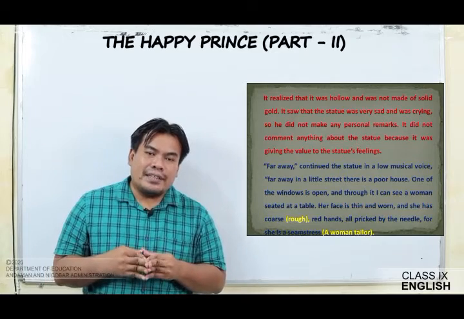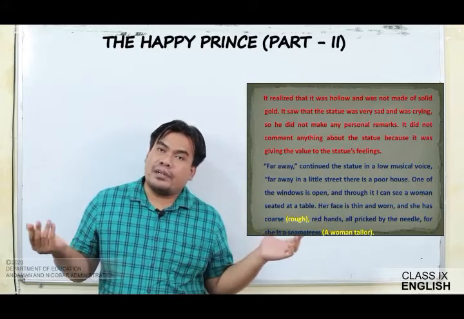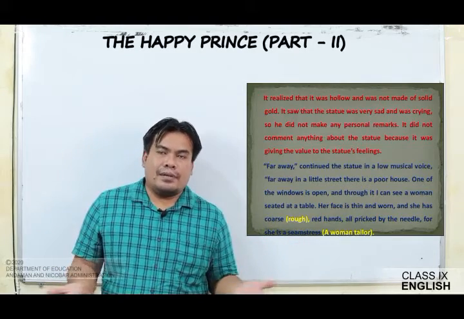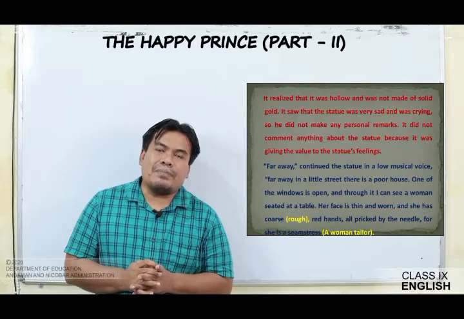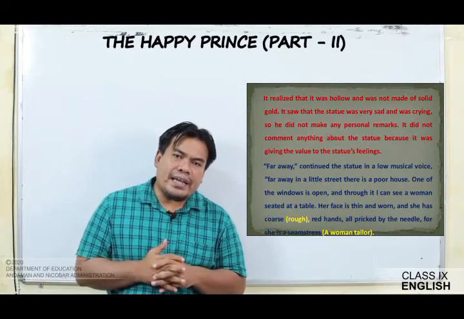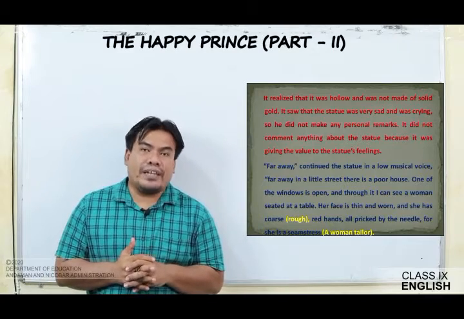It saw that the statue was very sad and was crying, so he did not make any personal remarks. Yes, indeed it was a bird, so it didn't have that much understanding. It did not comment anything about the statue because it was giving value to the statue's feelings.